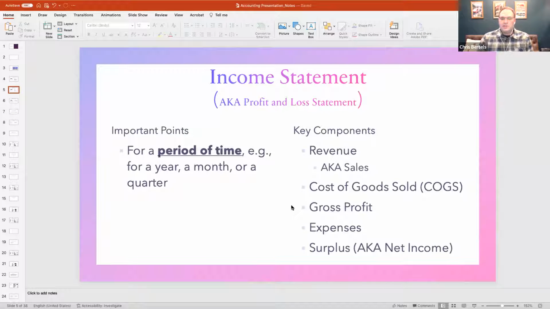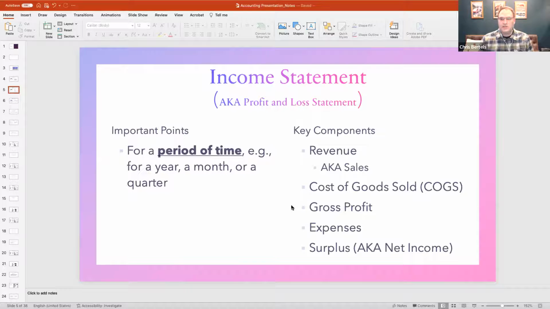The next financial statement is the income statement. It's also often referred to as the profit and loss statement, but income statement would be the traditional term. The profit and loss statement, I think that gained greater traction in the wider literature because of an accounting program called QuickBooks, which is for small businesses.